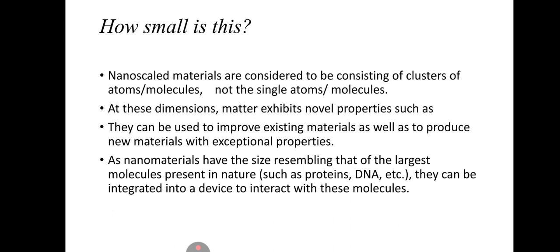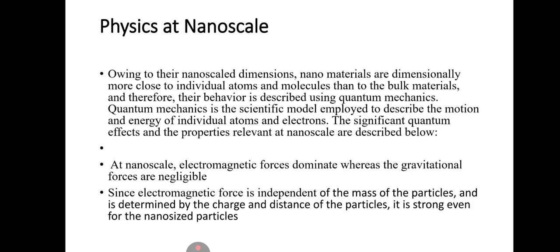At these dimensions, matter exhibits novel properties, so they can be used to improve existing materials as well as to produce new materials with exceptional properties. As nanomaterials are of a size resembling that of the largest molecules present in nature, such as proteins and DNA, they can be integrated into a device to interact with these molecules.